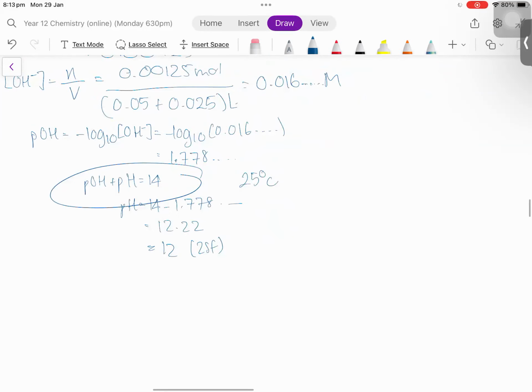With these equations, when you know what temperature it's defined at, keep that in mind, because, Saban, you were talking about practical exam skills. Some of the things they ask you is what kind of assumptions you're making about the experiment you're doing. If it's pH plus pOH equals 14, that equation is only defined at 25 degrees Celsius. So if you do an experiment in class involving that equation, one of the assumptions you're making is that your classroom is at 25 degrees Celsius.